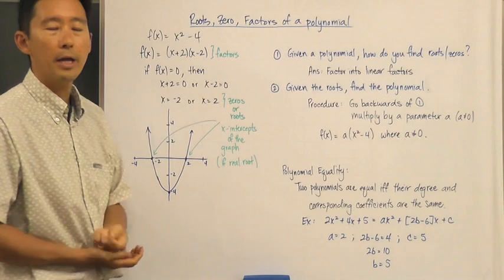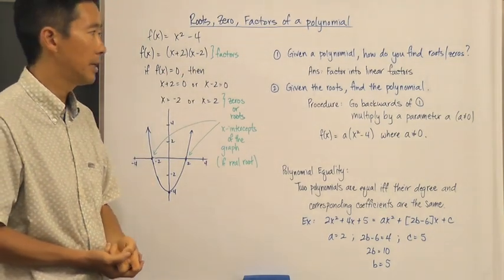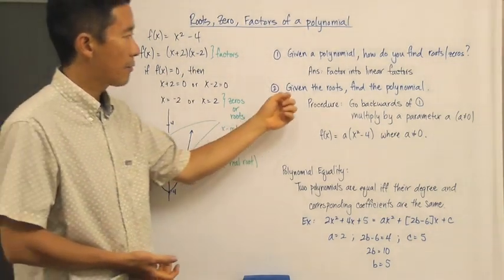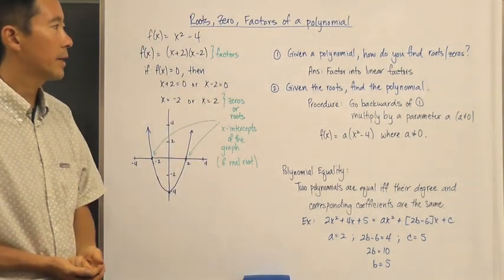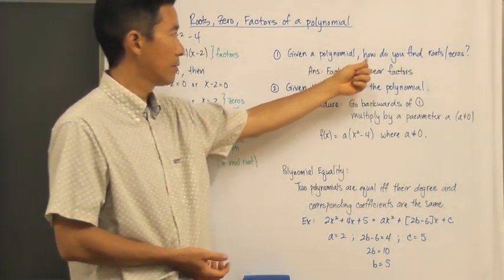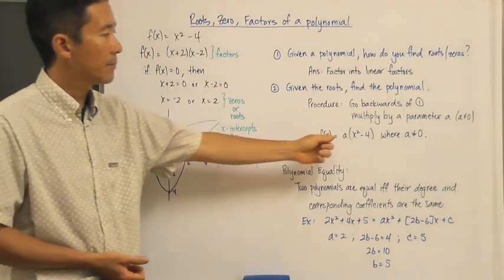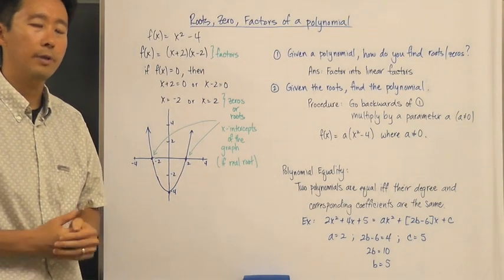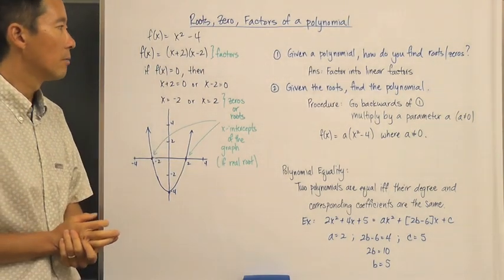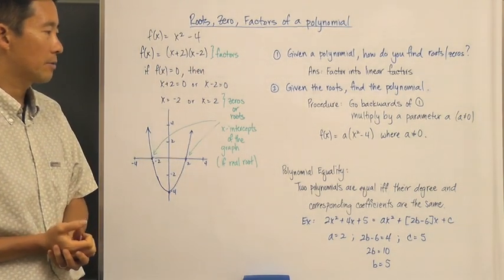Well, of course, we need to factor the polynomial into linear factors. If we're given the roots, how do you find the polynomial? Well, we just go with a reverse process. But the one thing that we need to be careful of is multiplying by the parameter a so that we deal with the whole family of functions which have those factors or roots.